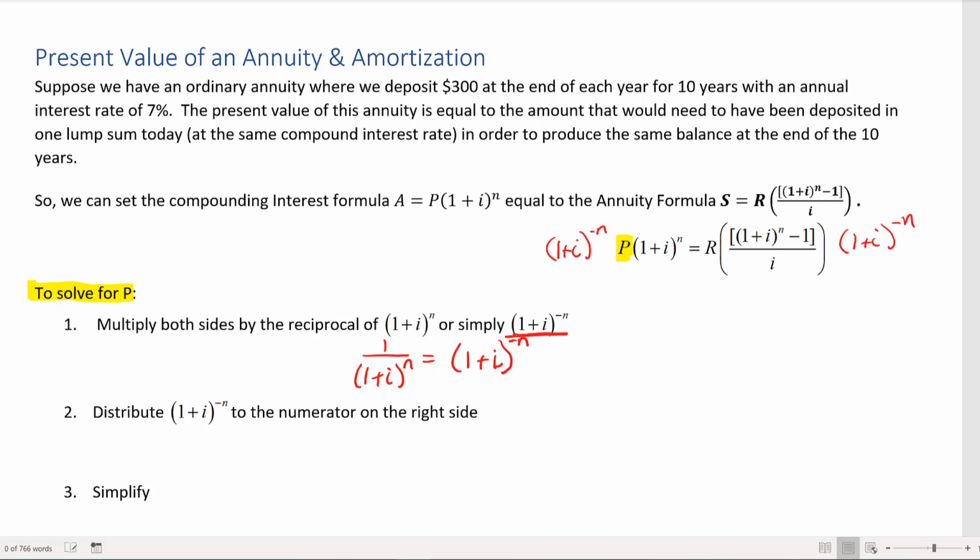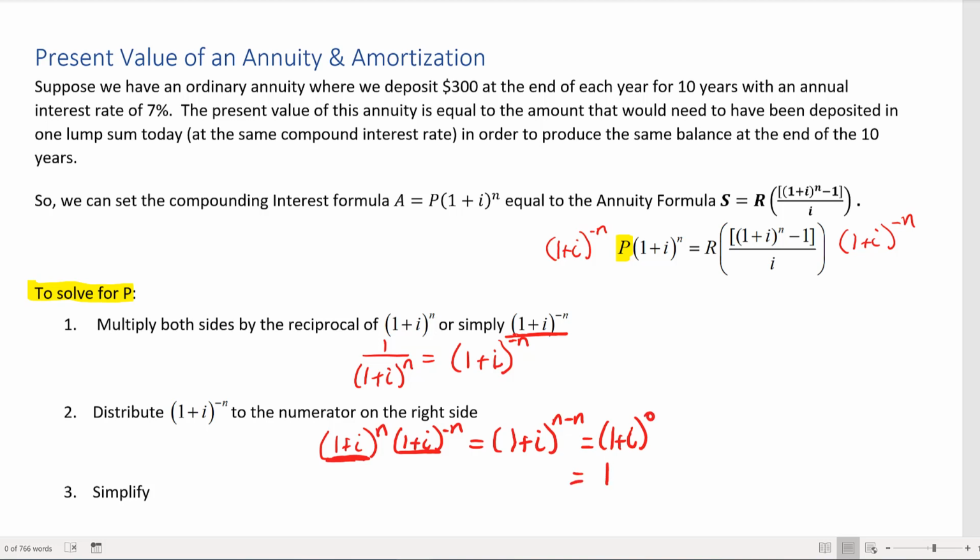the (1 + i)^-n times (1 + i)^n divides out nicely, because when you have (1 + i)^n times (1 + i)^-n, these two have the same base, so you can add the exponents, and that gets (1 + i)^(n - n), which is really (1 + i)^0, and anything to the 0 is 1.